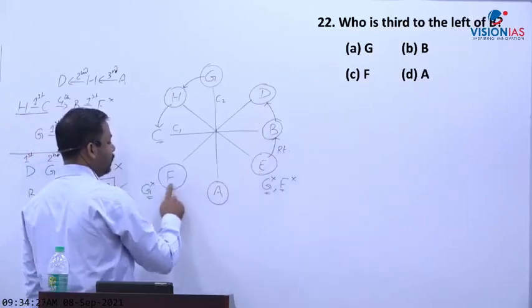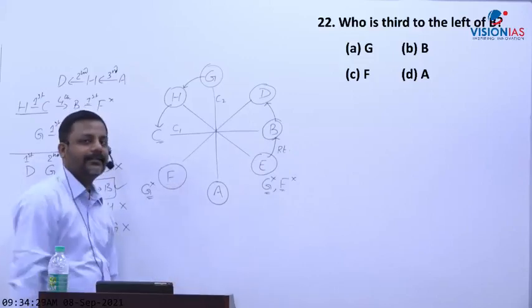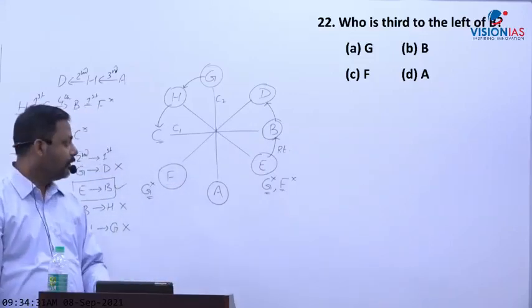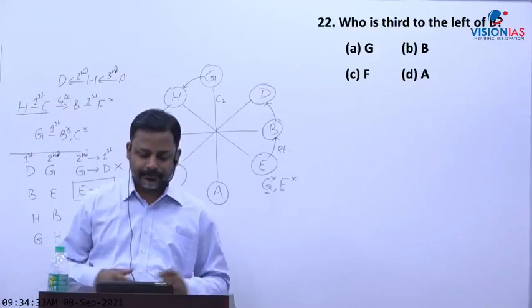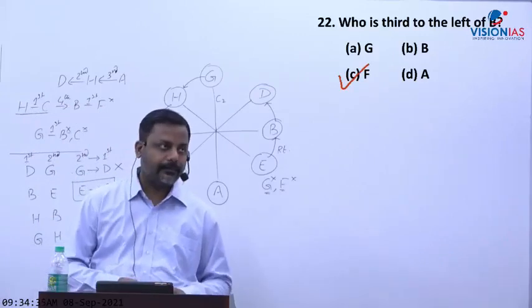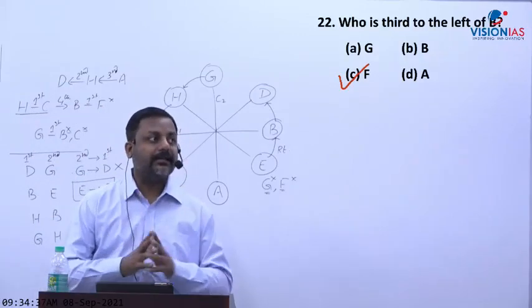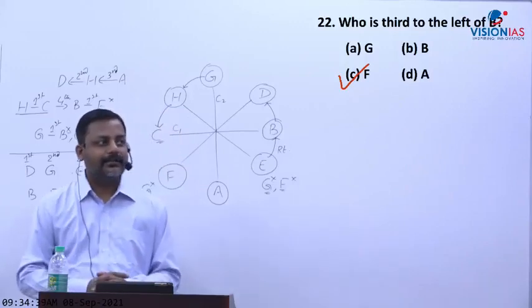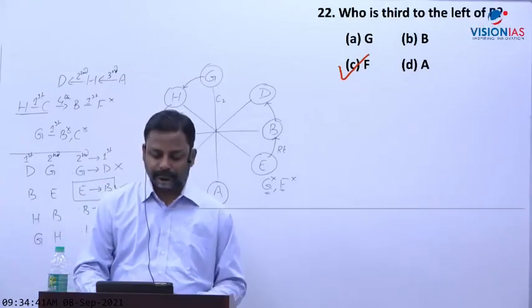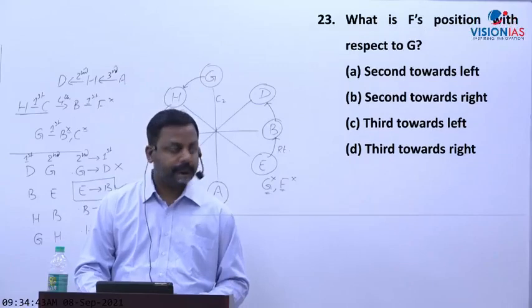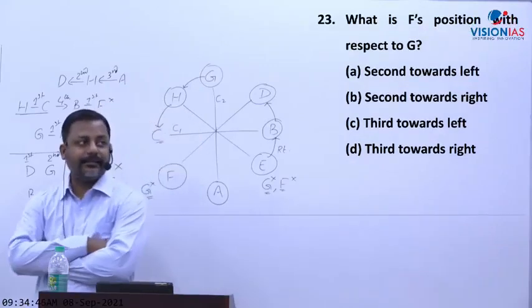First, second, third. F is there. So on the left hand side of B at third place, F is there. So the answer is F, means option C. Yes, F is there. Very good.